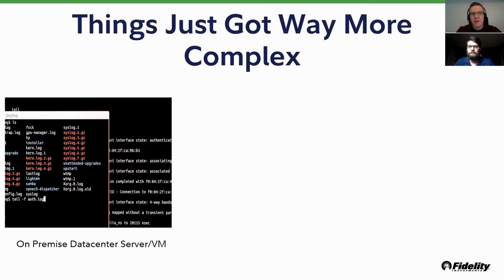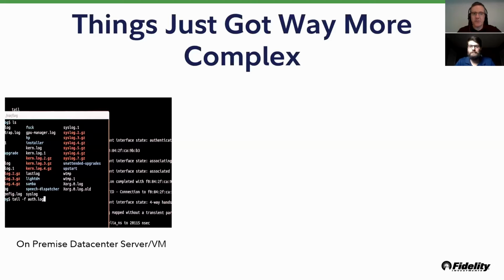If we go back a little in time to where we had, or we still do, servers or VMs deployed on premise, it wouldn't be uncommon for an engineer to log into one of those systems and tail log files or execute commands or look through log files to try and debug a problem, or if there was an ongoing incident. That worked reasonably well at scale in terms of those types of infrastructure settings.